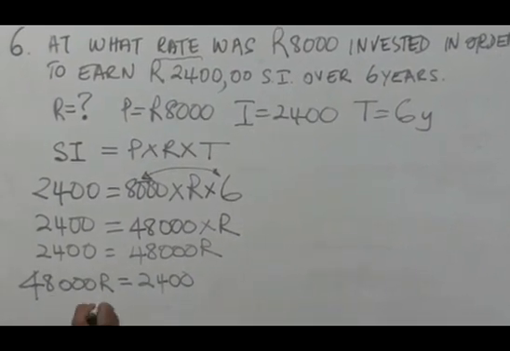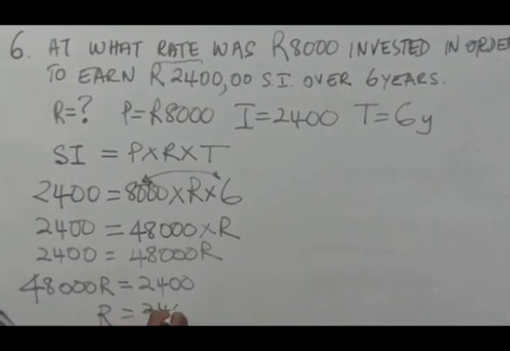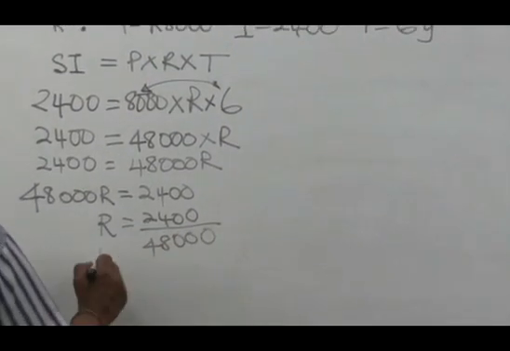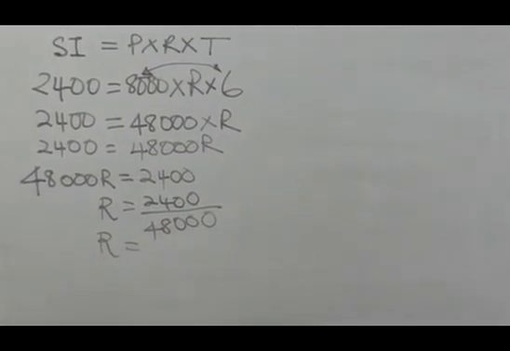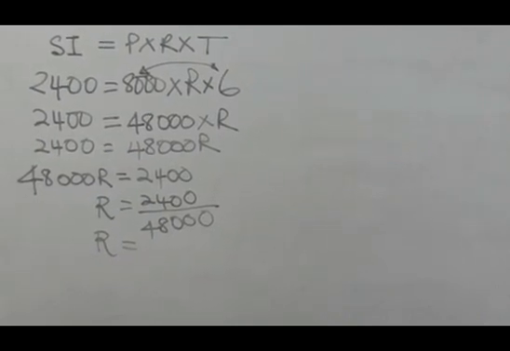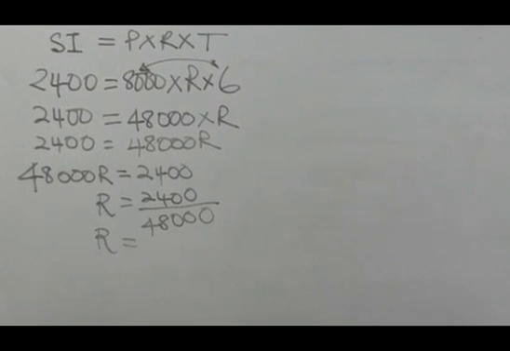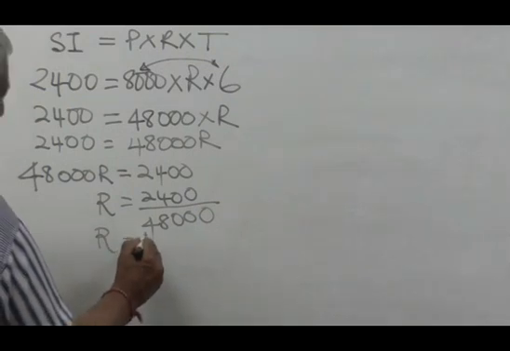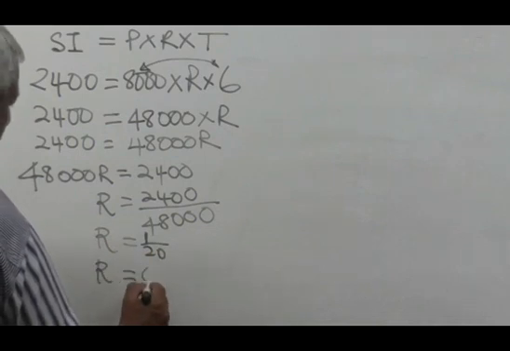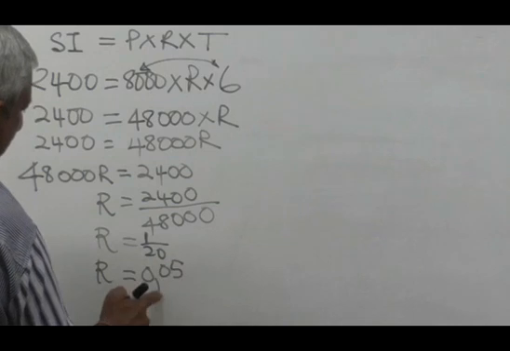You are solving for R, so R is equal to 2,400 divided by 48,000. When you divide 2,400 by 48,000 with your calculator, you get 1 over 20, which gives you 0,05.